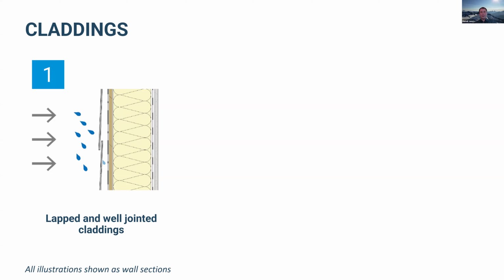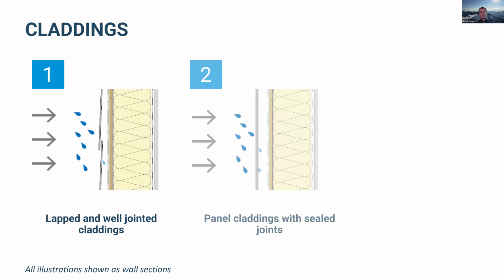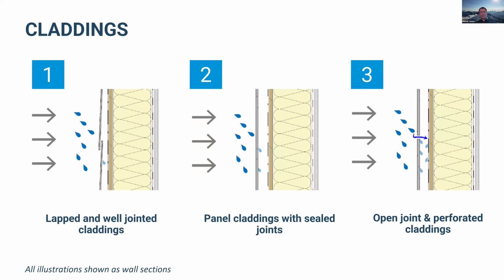So airflow behind there will help remove anything that gets behind. But then you start to get into things like paneled claddings with joints that are either closed or sealed. They will let more water in at all these panel joints, but again, they'll hold out water fairly well. And then you get into things like open joint cladding or even perforated claddings. Those will let a lot of water into that rain screen cavity.